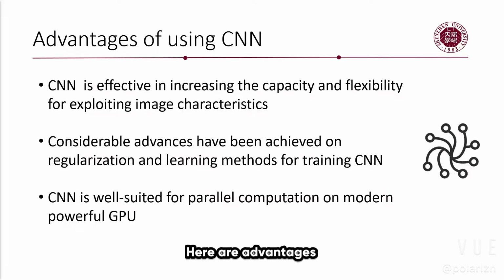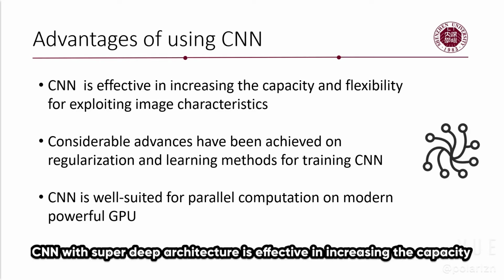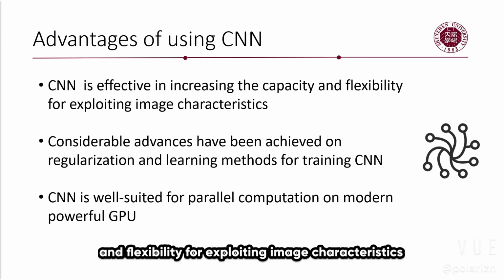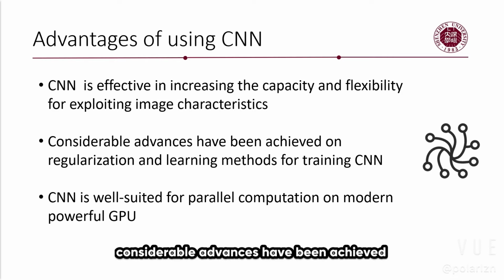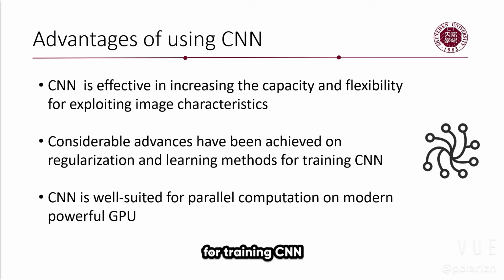Here are the advantages of using CNN. Number 1. CNN with super deep architecture is effective in increasing the capacity and flexibility for exploiting image characteristics. Number 2. Considerable advances have been achieved on regularization and learning methods for training CNN.